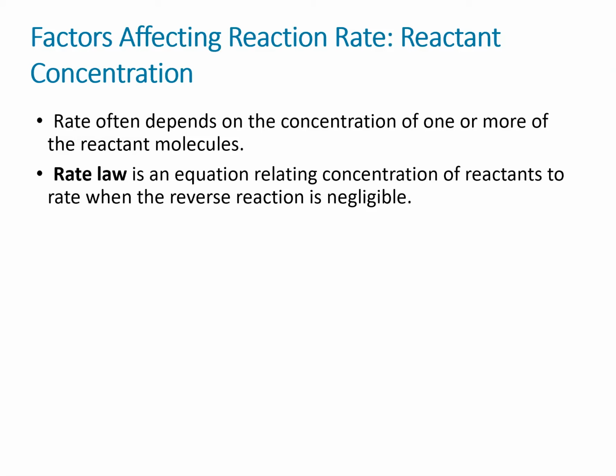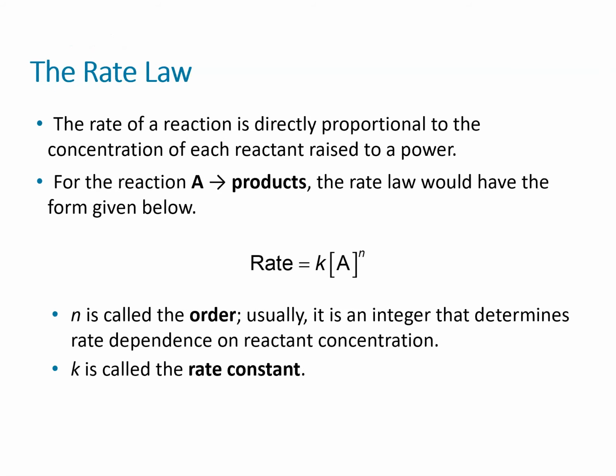Now remember, next chapter we'll get into equilibrium processes and all that's going to get turned on its head, but for now we can keep it simple and just look at the rate law in terms of the reverse reaction being negligible. So, rate law. The rate law of a reaction is directly proportional to the concentration of each reactant raised to a power.